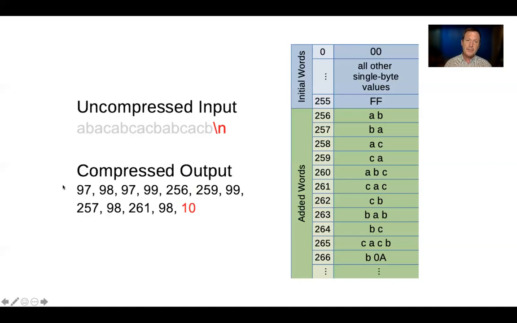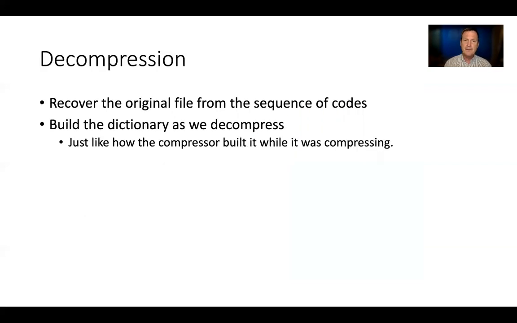All right, so this is what the compressed output would look like. But of course, here we just wrote it down as a bunch of decimal codes with commas in between them. In the actual output, it would just be a 10-bit code followed by another 10-bit code followed by another 10-bit code, or whatever bit width you pick for the compression.